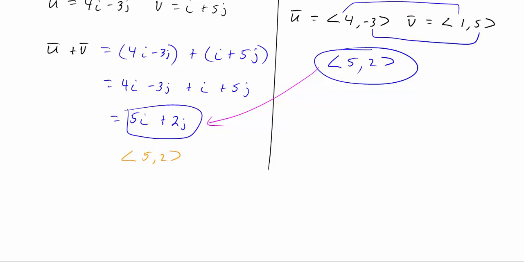All right, let's look at what happens if we were to take the same vectors, u and v. Let me bring those down for us. If we have the same vector, u is equal to, let's say, 4i minus 3j, and v is equal to 1i plus 5j. But now we want to look at what is u minus v.